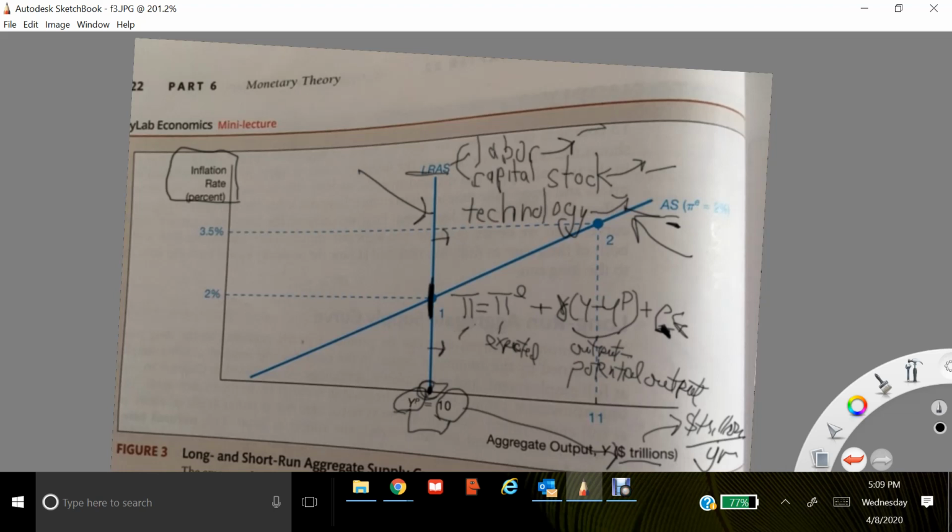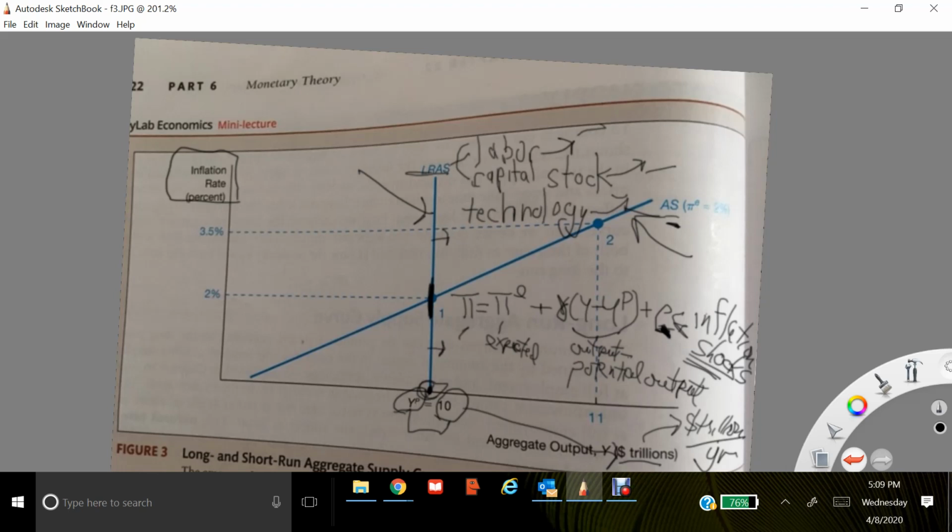Actually, let me back up a second. Rho stands for inflation shocks. Okay, the other factors are inflation shocks.